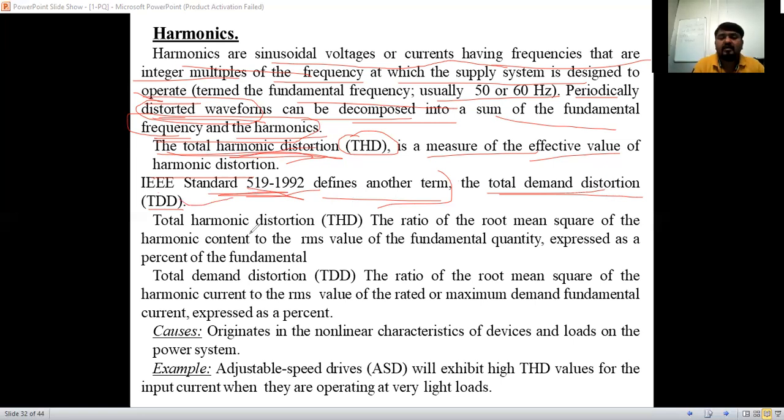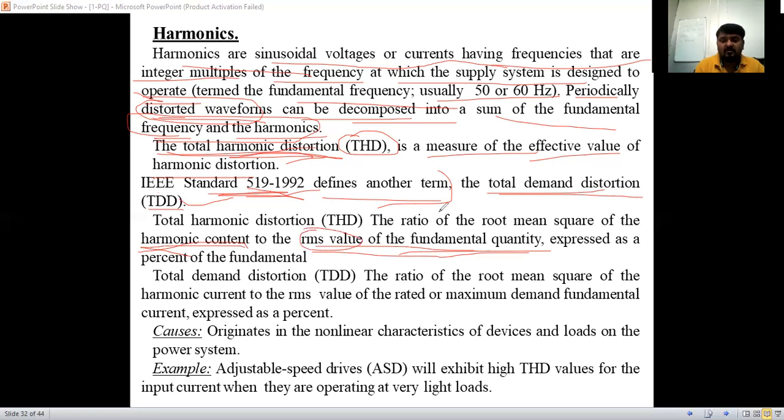So how do we calculate the THD, the total harmonic distortion? It is the ratio of the RMS value of the harmonic content to the RMS value of the fundamental quantity. For the fundamental frequency, what is the RMS value of voltage or current?